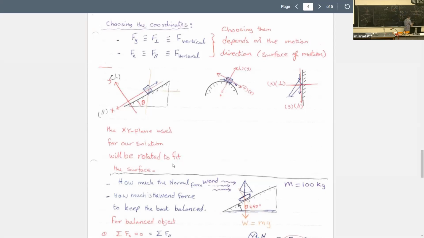Now we know the weight is equal to mg. It's known. So this is known. This is known.